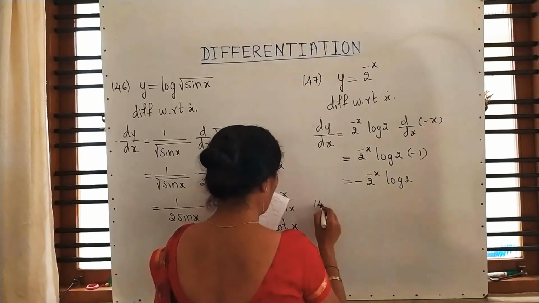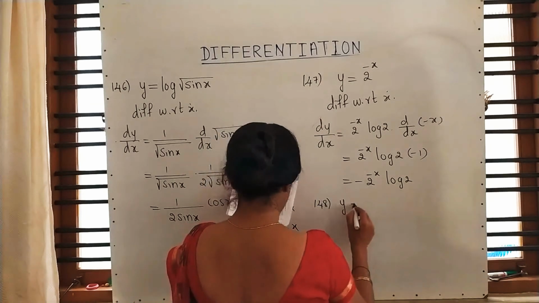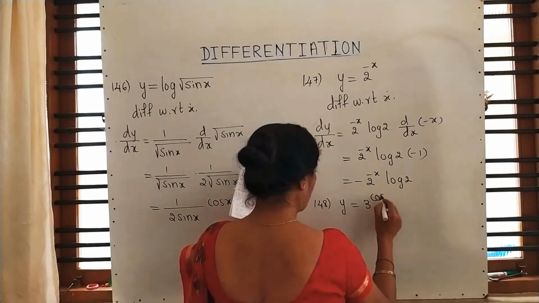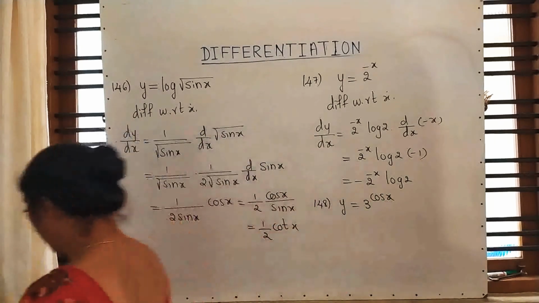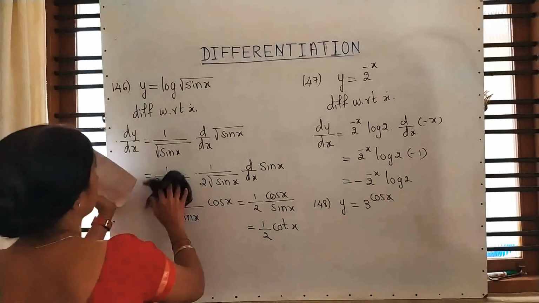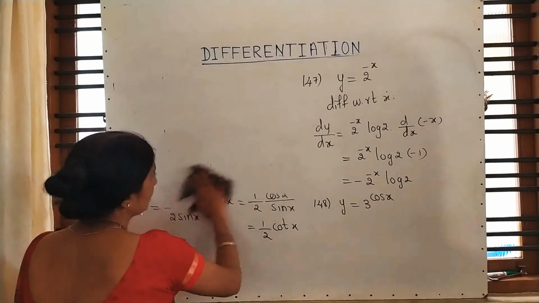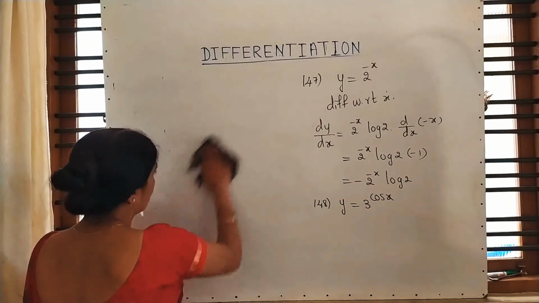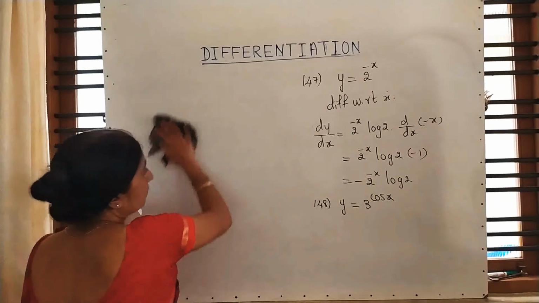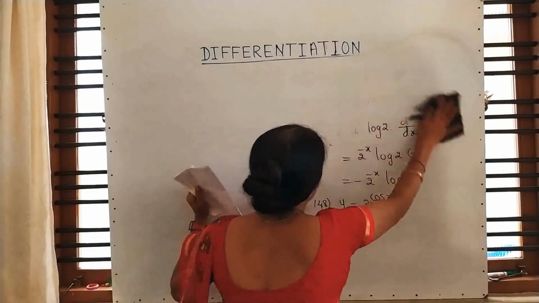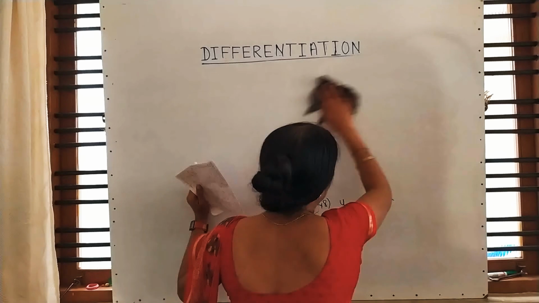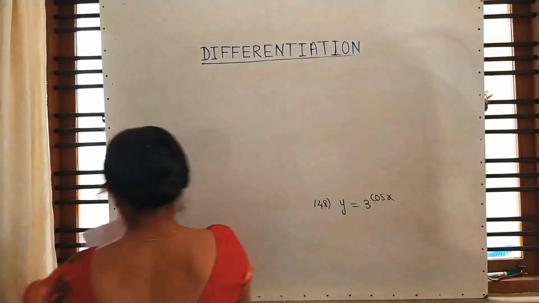Question number 148. Y is equal to 3 raised to cos x. Now do you have any idea how to differentiate this? Yes, try that. It is exactly similar to the previous one, 2 raised to minus x.